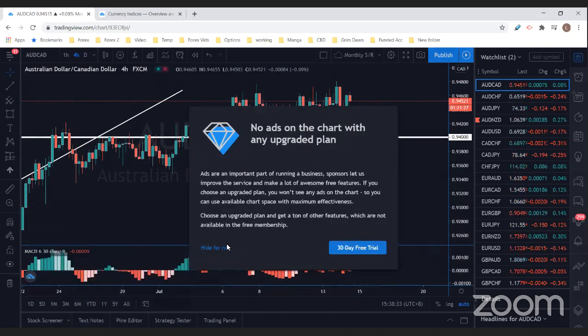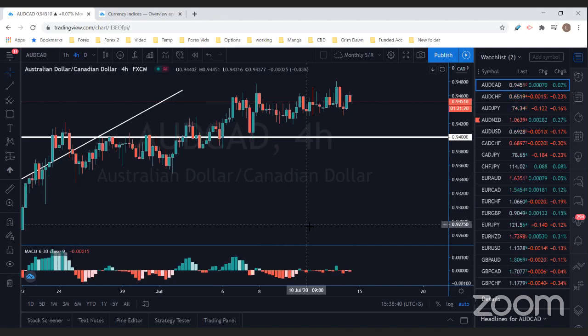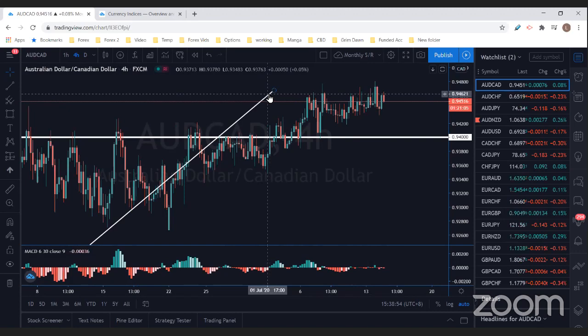Yeah, so in lieu of that, what I will be looking for in order to trade Aussie Cat, even if it does set up, I have to be very careful about it. I will still very much prefer for price to actually break 0.94, come back for a retest, then I will attempt a short position. Yeah. So this is quite a tight range for me to do anything about at this moment.